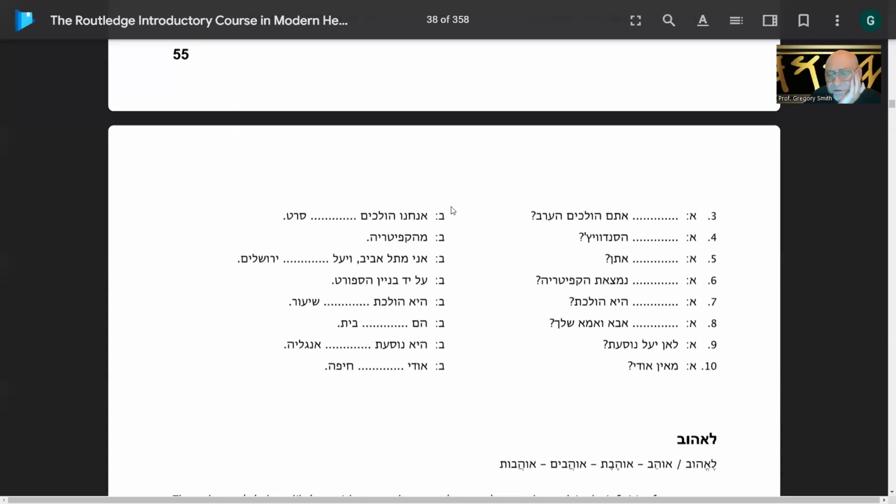Okay, so what do we got now? We don't have anything to fill in here. Le'an, that means where. Yael no set has to do with you're not walking, you're like in a vehicle and you're moving along.